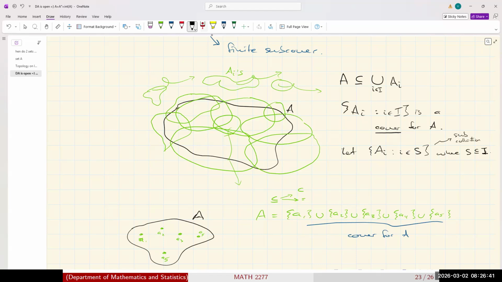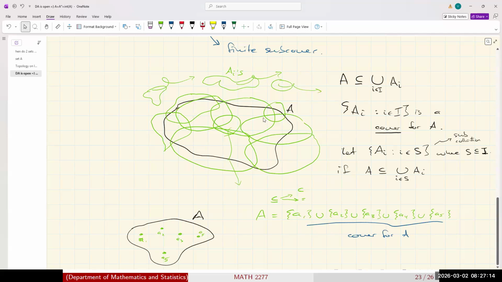This simply means just take some of these sets. You can take all of them if you want, right? We're taking some of these A_i's.